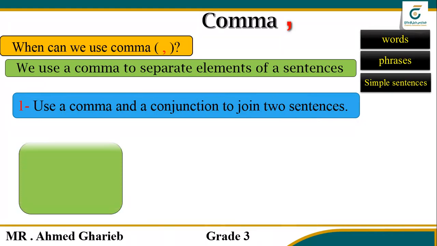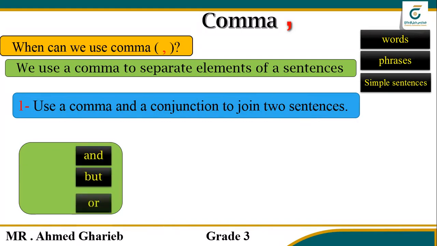But in this case we use some conjunctions: and, but, or, and before them we add comma. Okay, so we use a comma to separate two simple sentences. Why? To give me a bigger sentence called compound sentence.